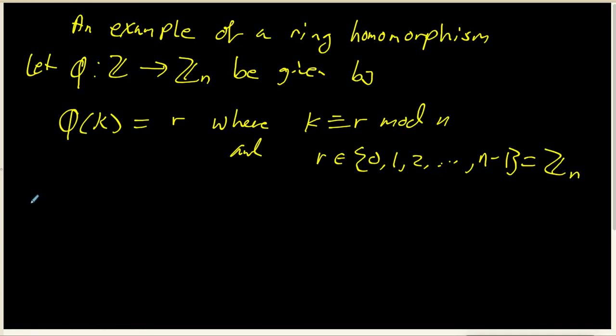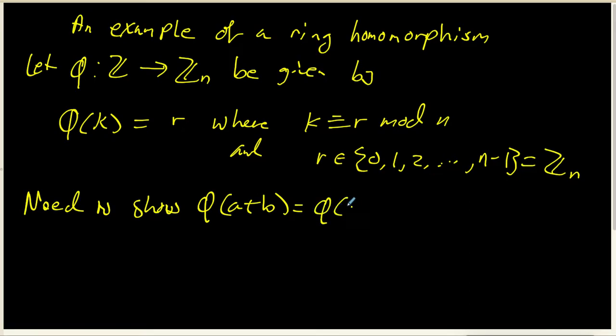Now, to show that this particular function is a homomorphism, we need to show that phi preserves both of the ring operations. In other words, we need to show that phi of a plus b is equal to phi of a plus phi of b, where what we know about a and b is that they are integers.